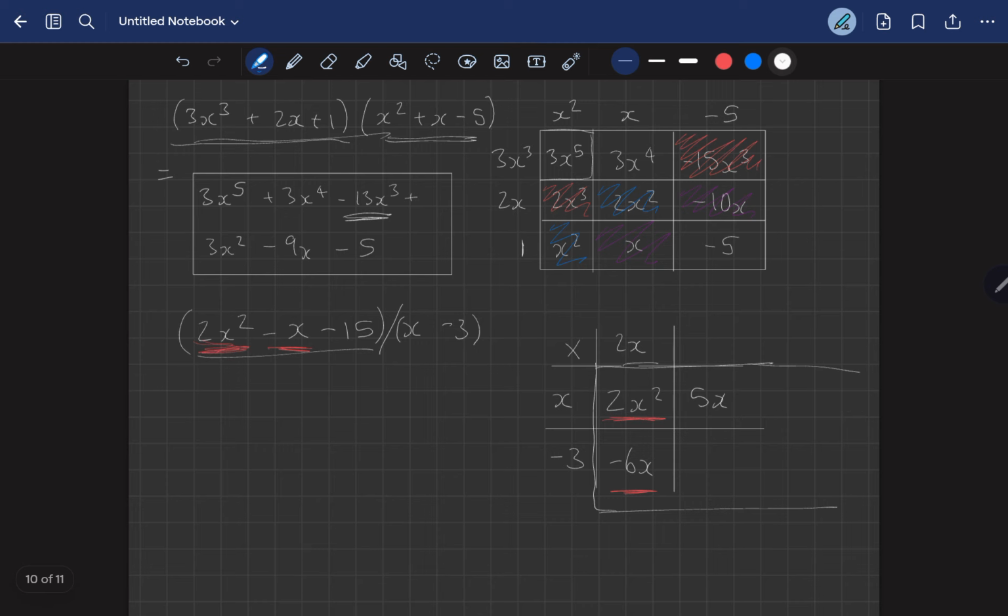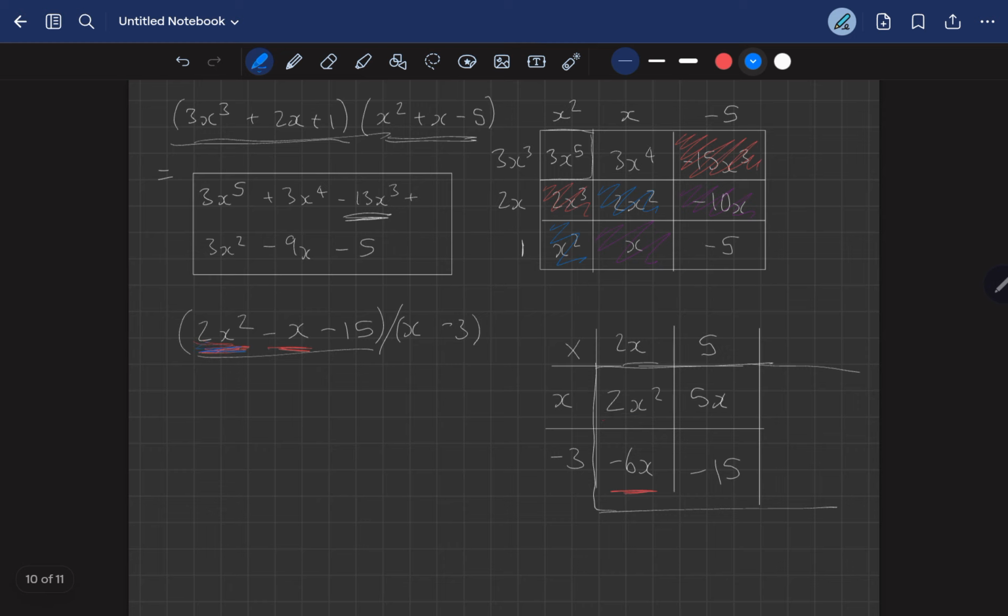Okay, so we know that this term goes there. Now, what do we have to times x to get 5x? We times 5, because 5x divided by x is 5. Now let's fill out this part of the grid right here. What is 5 times minus 3? Minus 15. Okay? Now, we've got our x squared term, 2x squared over here.